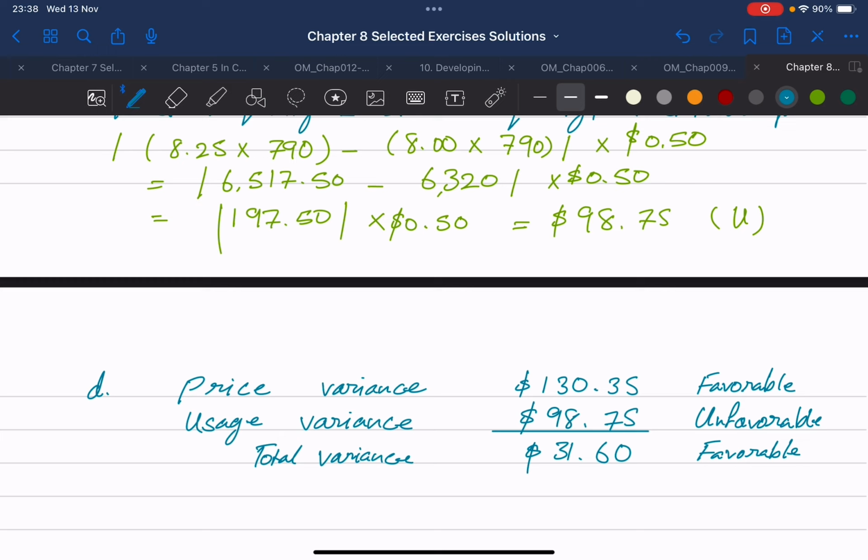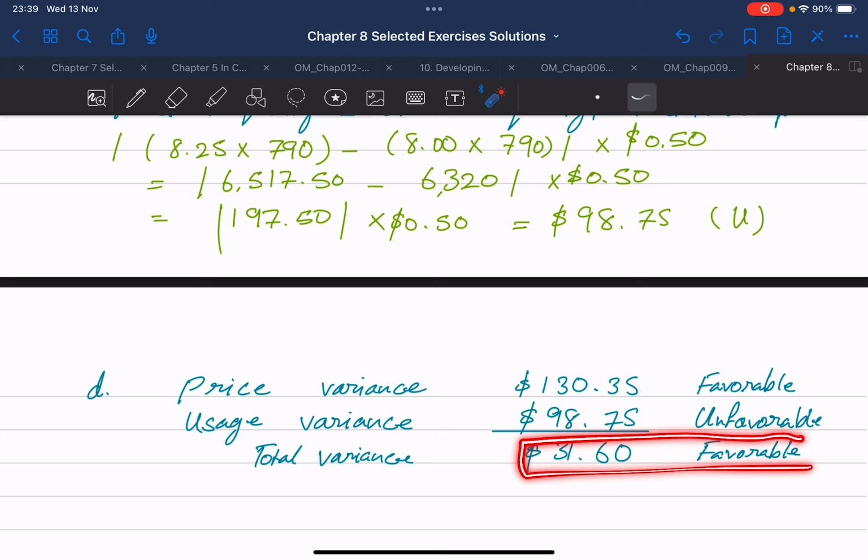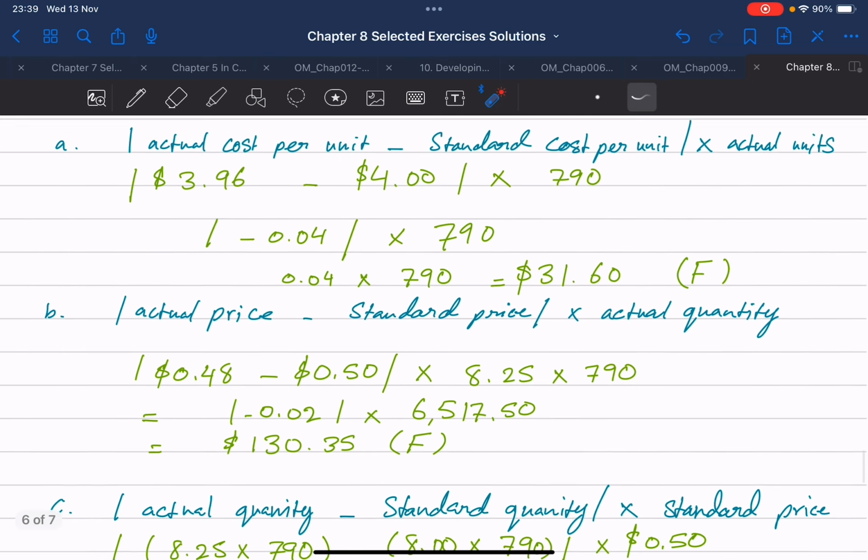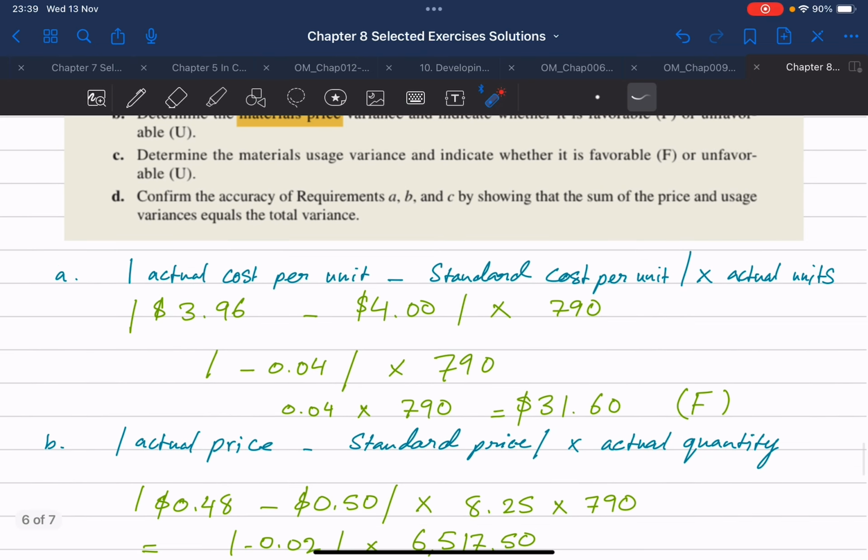In our check here, because the favorable variance is more than the unfavorable variance. So the favorable price variance is higher than the unfavorable usage variance. Because of that, the total variance is favorable. And this is the exact result we found in the first step, right? $31.60 favorable.